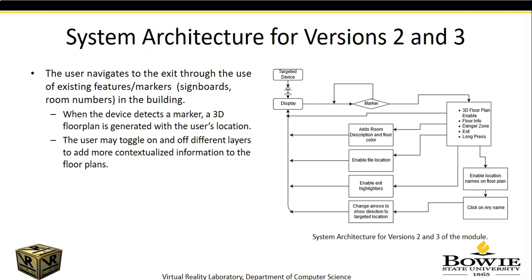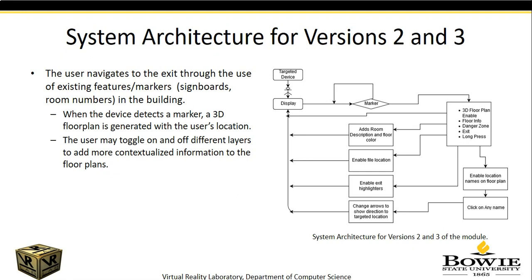As far as versions 2 and 3 are concerned, the user navigates to the exit all the while using the posted signboards as markers. Whenever the user encounters one of these signboards, the user points the device towards these signboards, and a floor plan is generated on the display of the device.